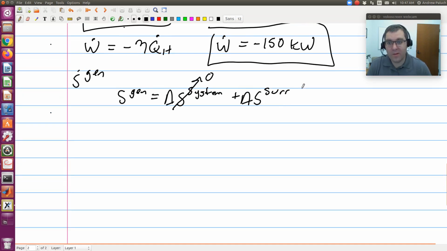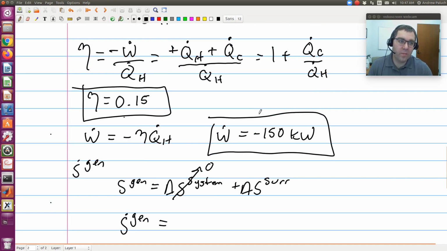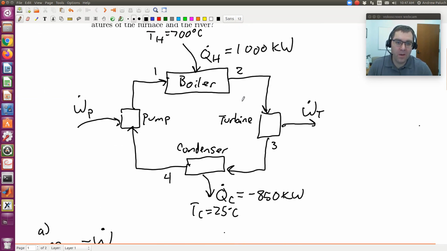So let's write this out. In the context of an open flow problem like this, where I have rates, I would write SGen as equal to, in terms of my surroundings, I'm going to assume that if I go up to my plant, I'm exchanging heat in 2 places: in my boiler and in my condenser.